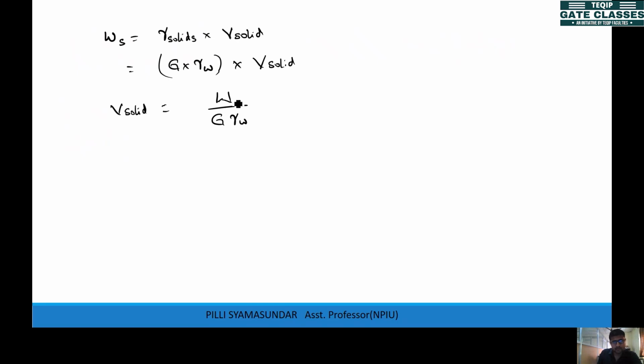I don't have the weight of solids, I have the mass of solids, so I can convert Ws into mass of solids times acceleration due to gravity by G. I can also convert the unit weight of water as density of water times acceleration due to gravity, so the g gets cancelled. Basically, W by gamma W is equal to mass by density. This is actually volume.